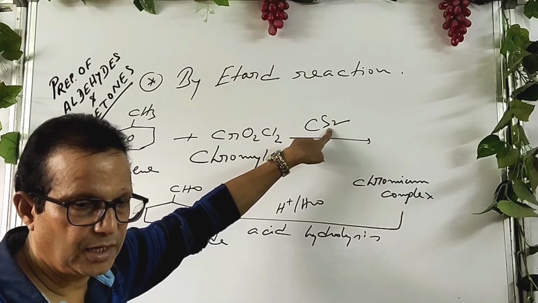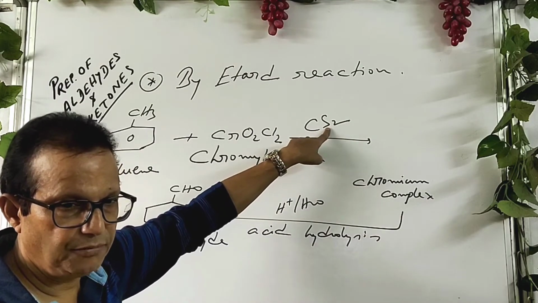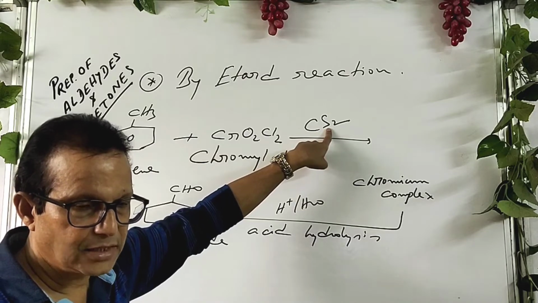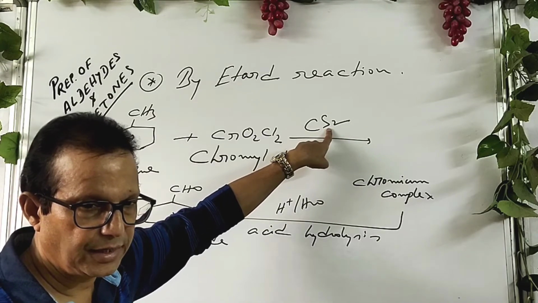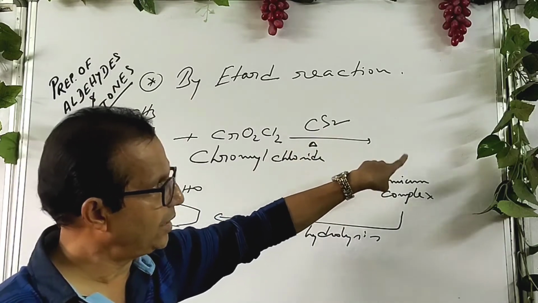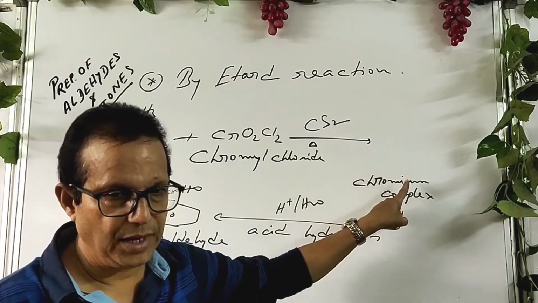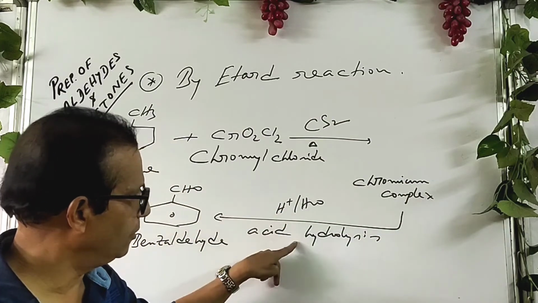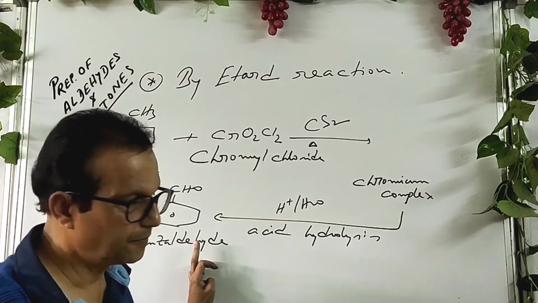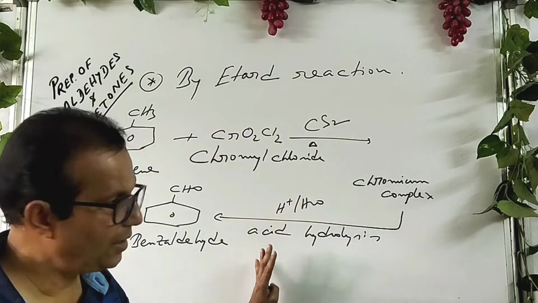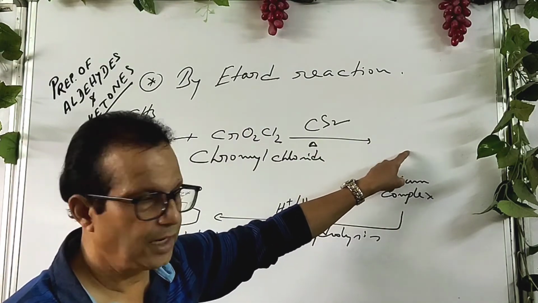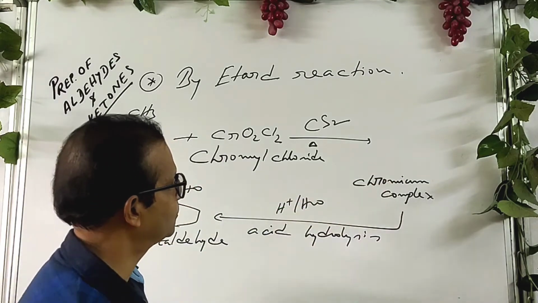Remember it, carbon tetrachloride, carbon disulfide, benzene, they are treated as non-polar solvent in organic chemistry. We get one intermediate called chromium complex, which on acid hydrolysis gives benzaldehyde. Very easy to remember, but the main thing is that this intermediate, follow it.